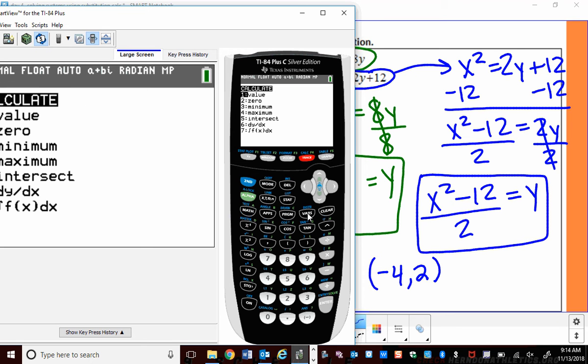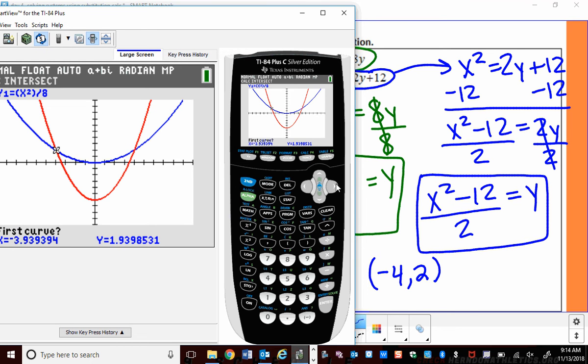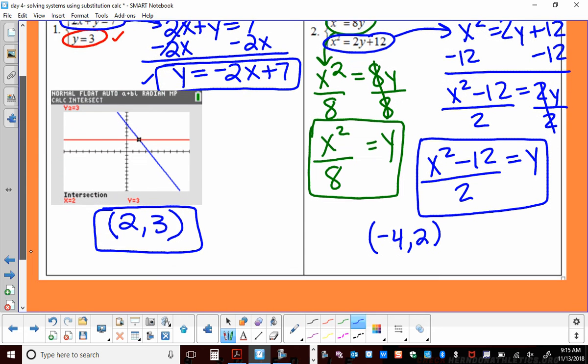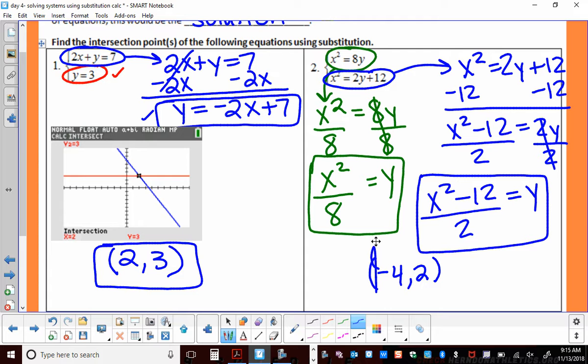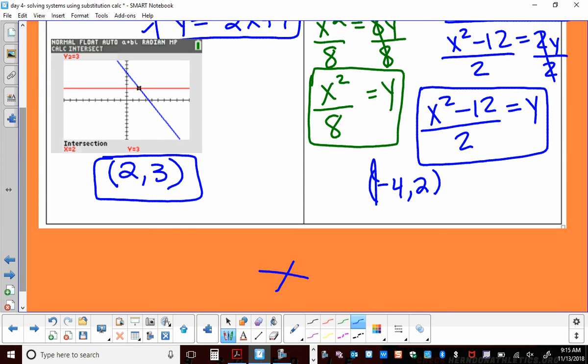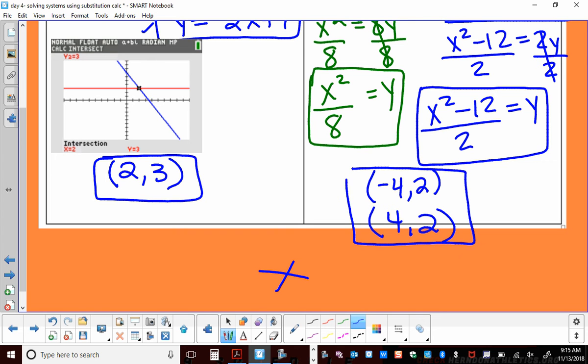Second trace. Every time you find an intersection, you have to do that. And then I scroll all the way over to the right intersection. What'd you guys get for this one? 4, 2, good. The intersection here is that's my answer.